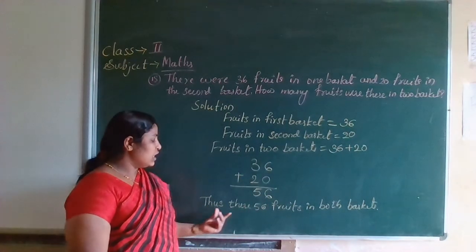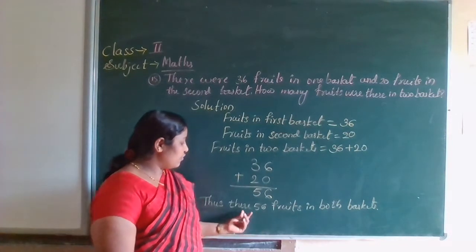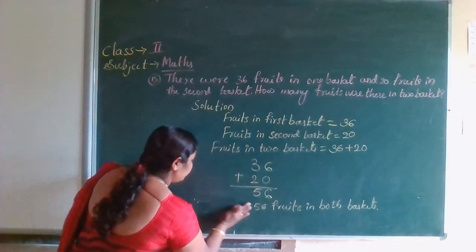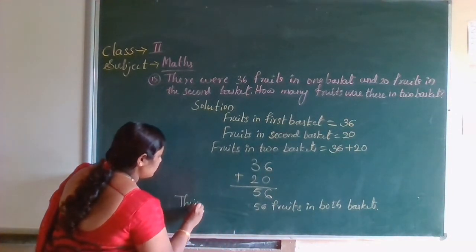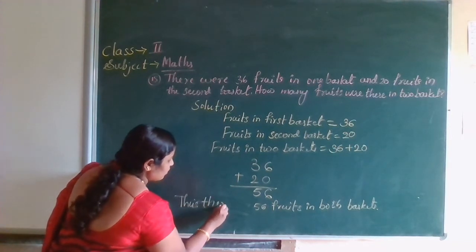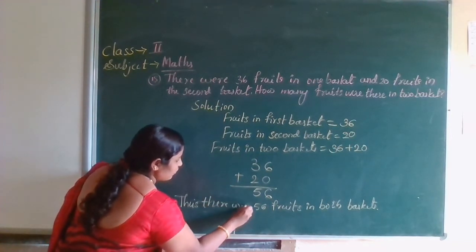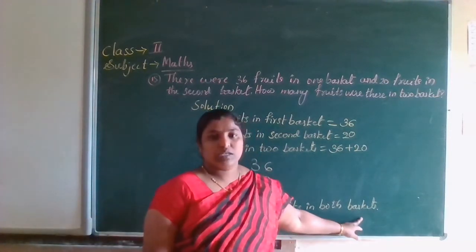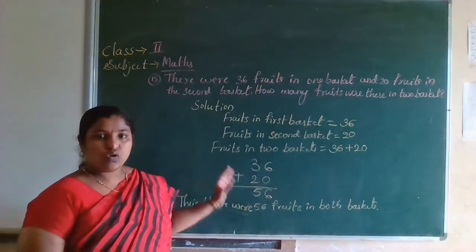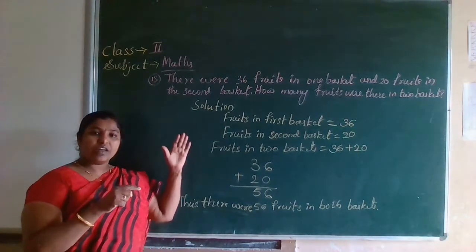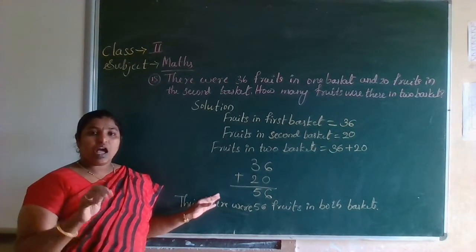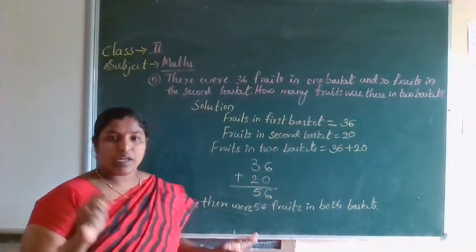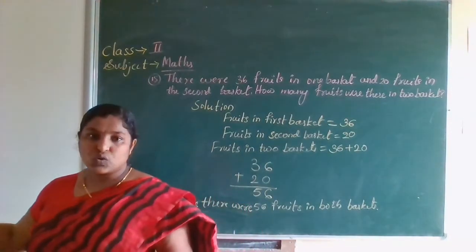So thus there were 56 fruits in both baskets. Got it? So pause the video and write the answer properly. After writing, you again play the video and go for the next question.